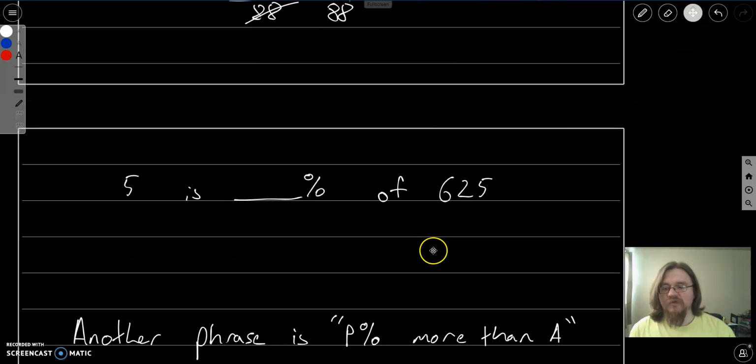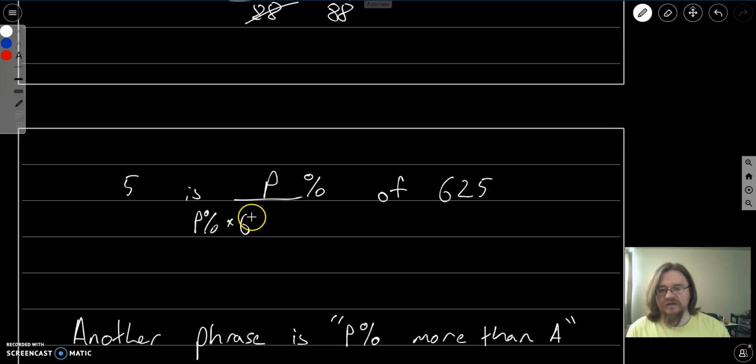Let's do one more. 5 is some percent of 625. So again, I'm just going to take p percent of 625. This is going to be p divided by 100 times 625.